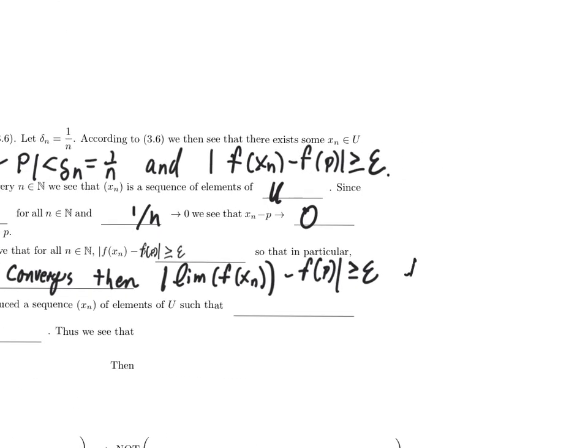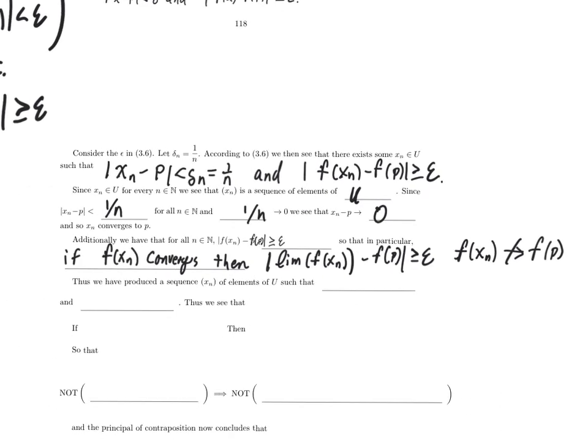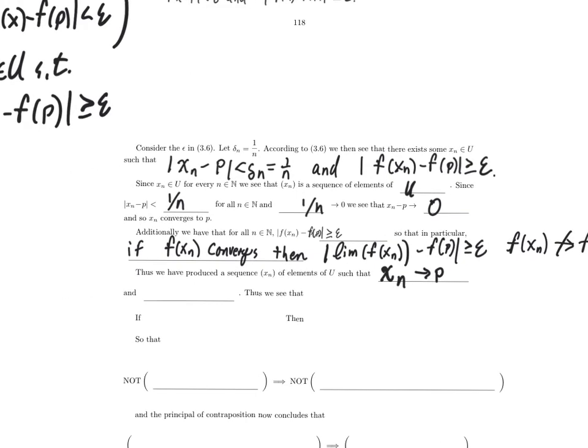So f of x sub n does not converge to f of p. Let's explore the logic here. If it converged, then it doesn't converge to f of p. So either it doesn't converge or it converges to something other than f of p. Thus we have produced a sequence x_n of elements of U such that x_n converges to p and f of x_n does not converge to f of p.